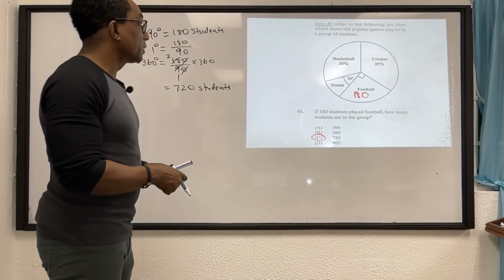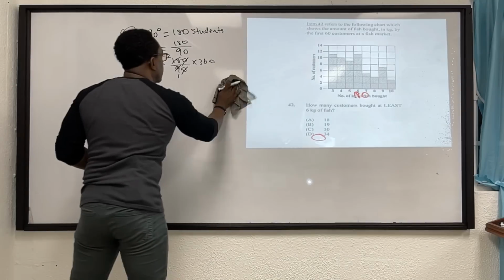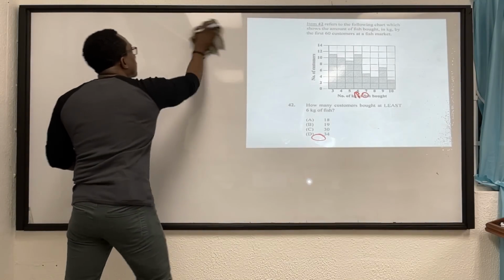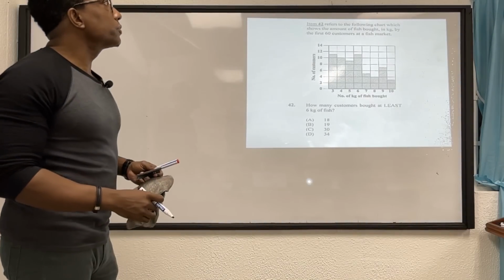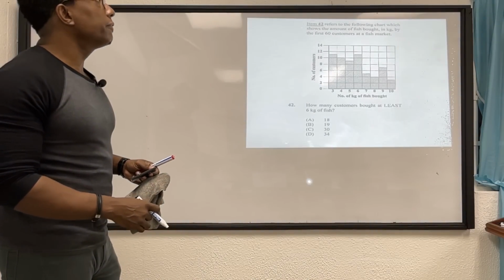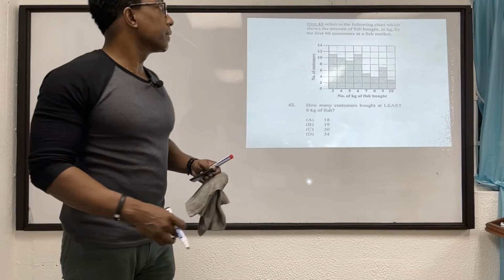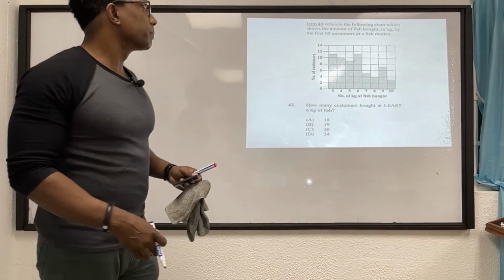So let's move on to question 42. Item 42 refers to the following chart, which shows the amount of fish bought in kilograms by the first 60 customers at a fish market.